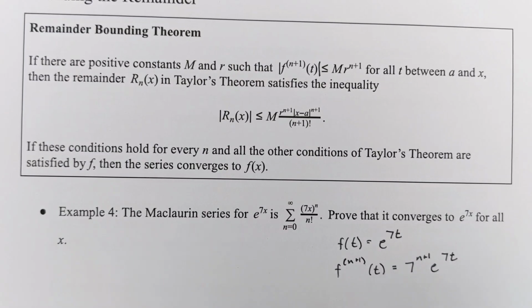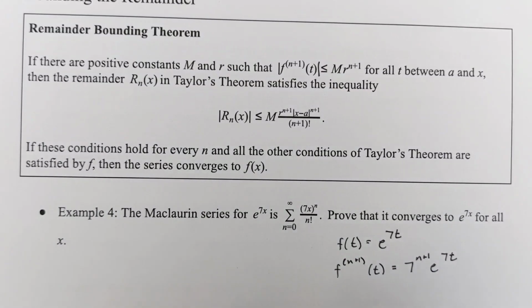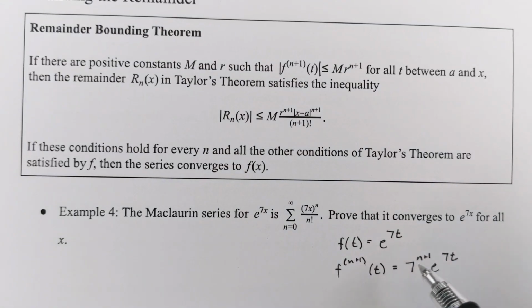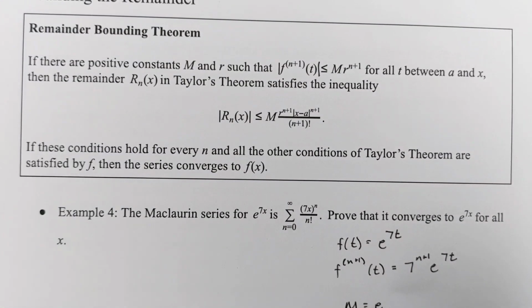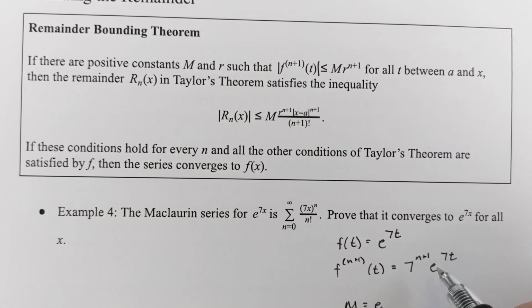So there's that. Okay, and then let's see here. So there's our M. It's going to be e to the 7x.